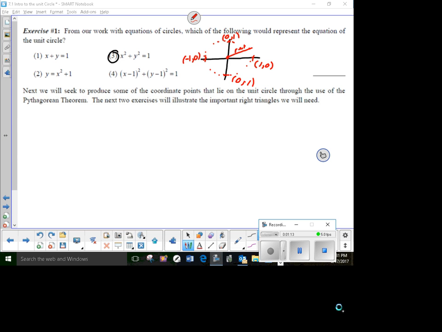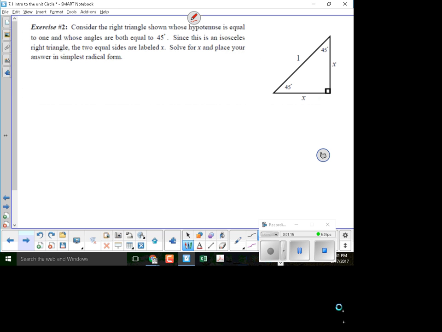All right, let's go on to the next. Okay, now, we did special right triangles. Now, we're going to talk about 2 special right triangles. They're basically the 30-60 triangles and the 45-45 triangles we worked with, but with a hypotenuse of 1. So, this is one of them. Do you recall how to get from a leg to the hypotenuse on a 45-45-90 triangle, what we have to multiply by?